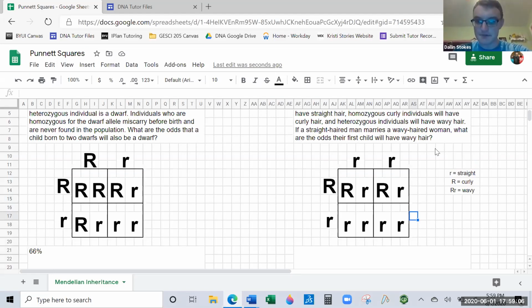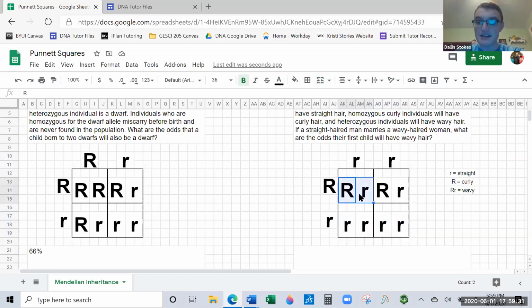Phenotypic ratio here: those two will have wavy hair, and those two will have straight hair, because little r means straight hair. So we would have a 50% chance of having a kid with wavy hair. Now notice this isn't curly hair. The big R doesn't dominate over the little r.